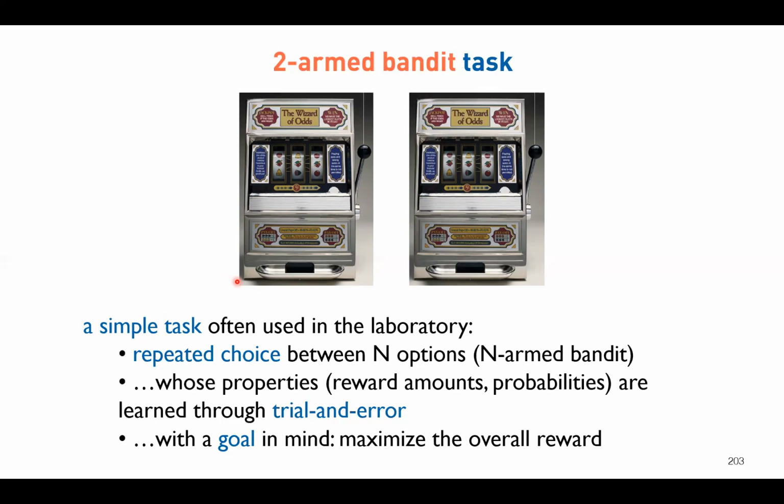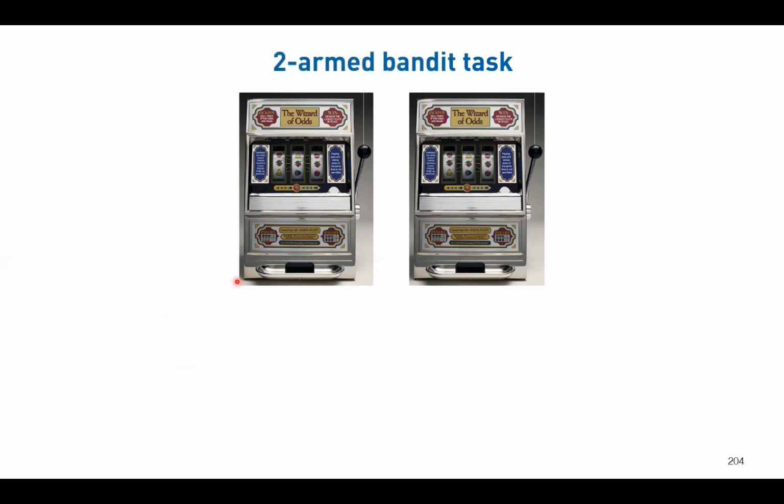Maybe you make the choice randomly at the beginning because you have no idea which one is better and which one is worse. But after playing a few times, you figure out that maybe one is better than the other. And do you stick with the one that you think is better, or do you sometimes switch to the other to explore the other opportunity? So those are strategies. Okay, good.